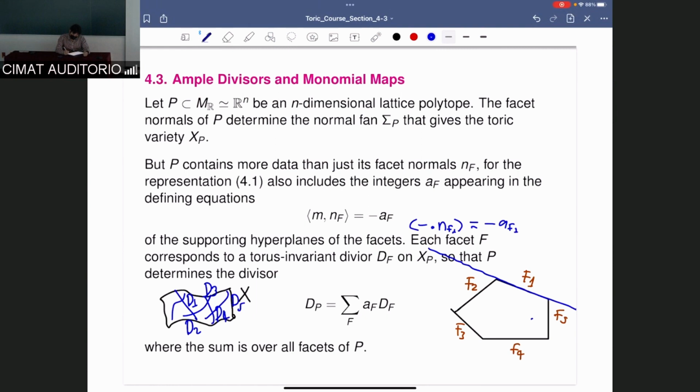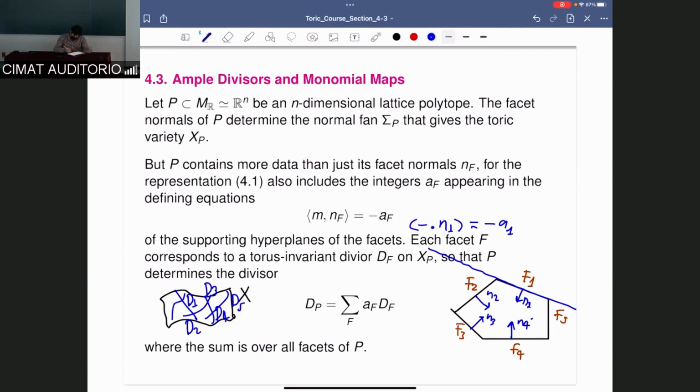Then what we do, let me label the facets over there, say that we call these N1, N2, N3, and N4. So the dot product with N1, say, is A1.